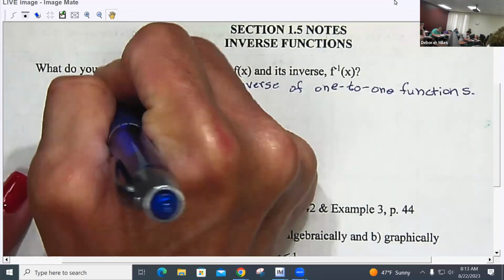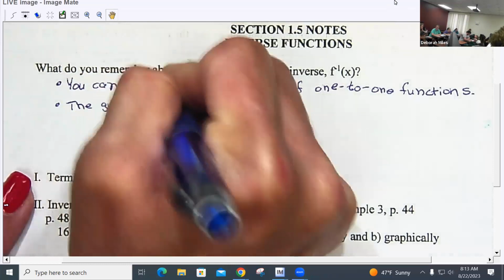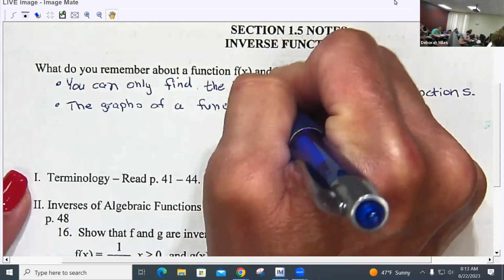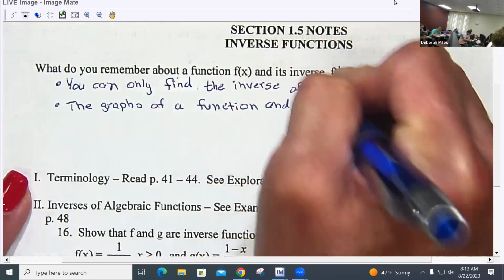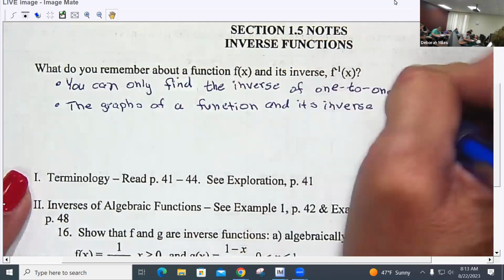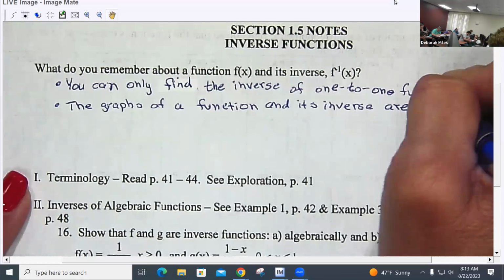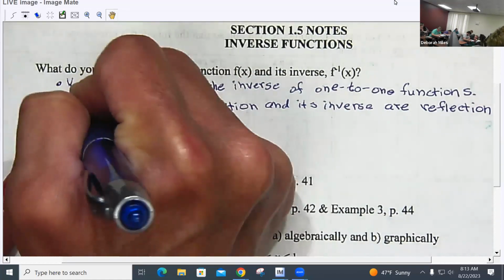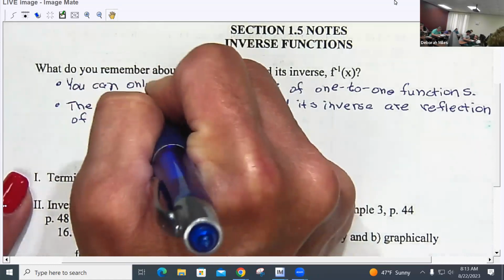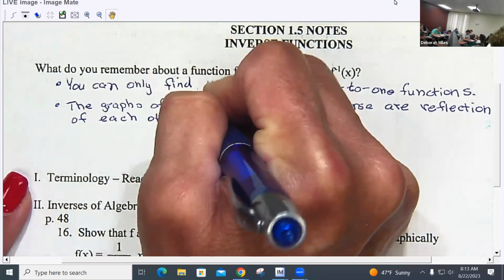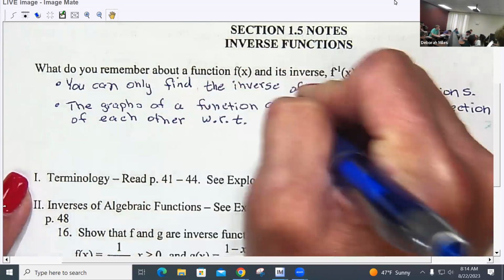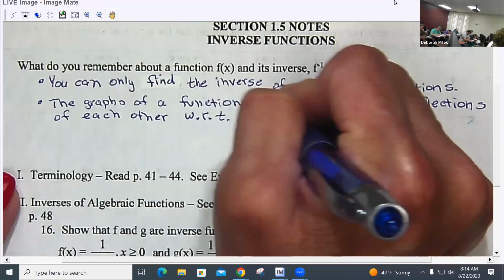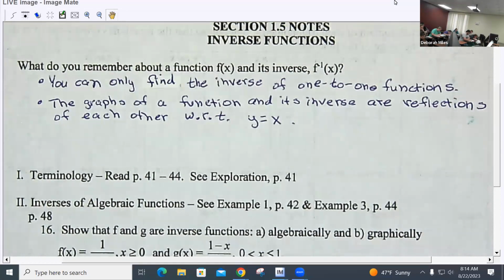The graph of a function and its inverse are reflections of each other. WRT stands for with respect to the identity function, y equals x.